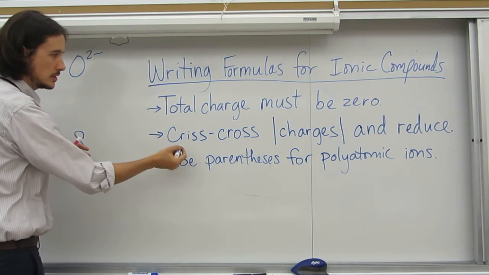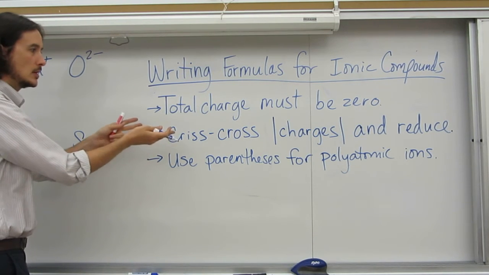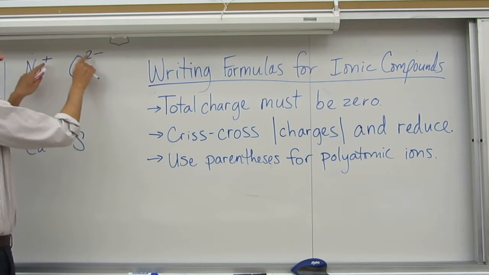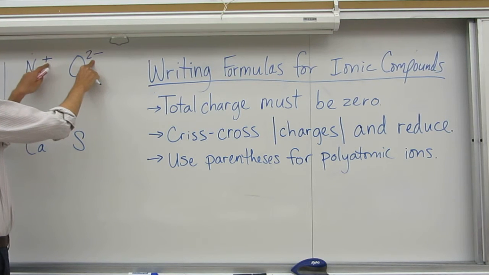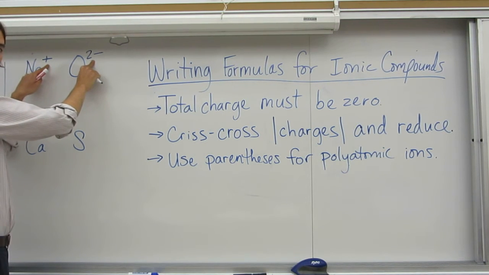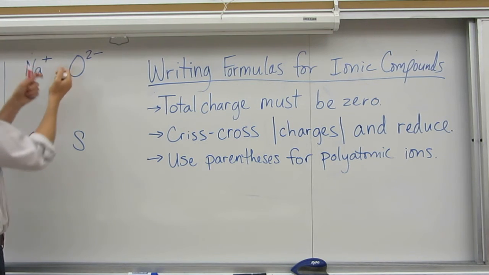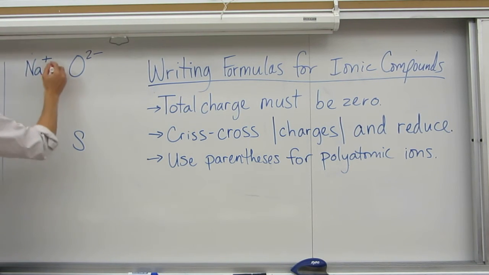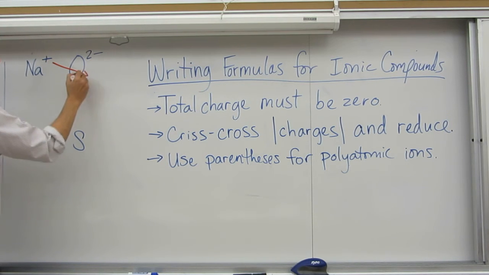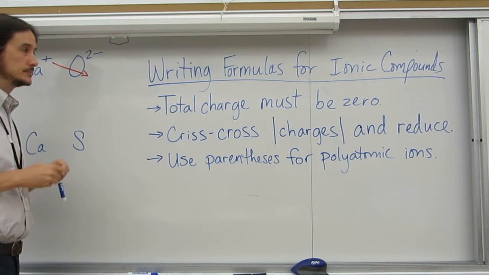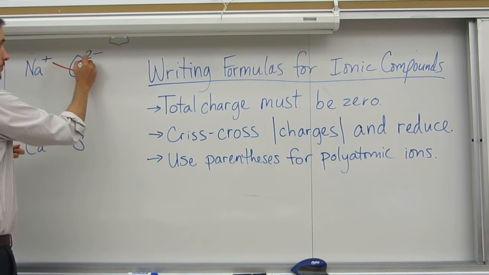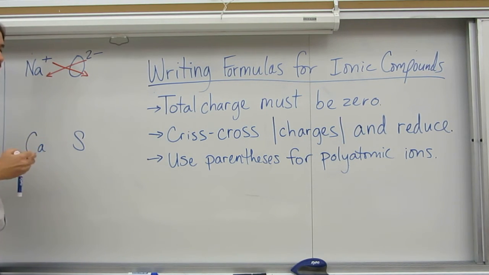But what I wrote here is what to do: crisscross the charges. These are the charges, and it's the absolute value. This is plus, but that's +1. We don't write the 1, we just write plus. So that 1 is going to become a subscript for oxygen, and this 2 is going to be a subscript for sodium.